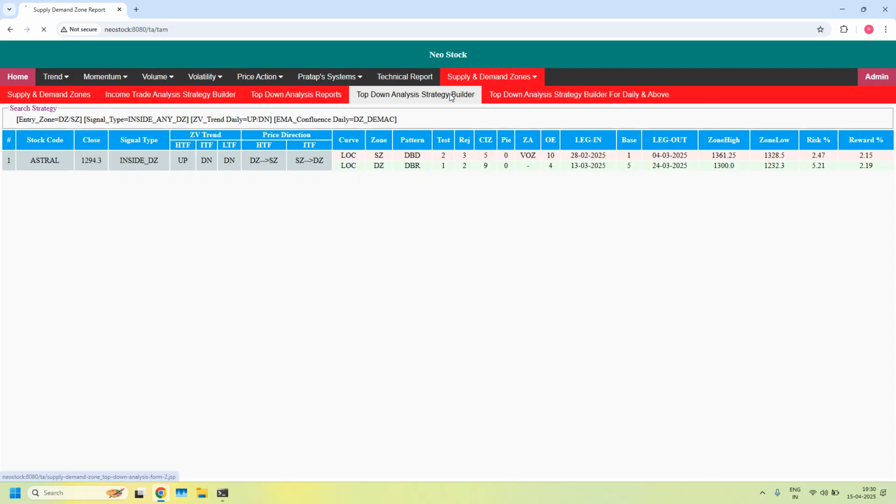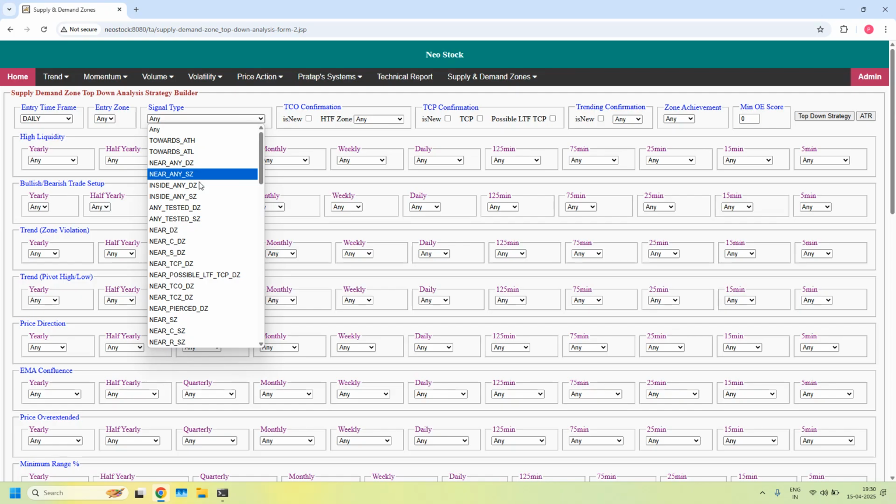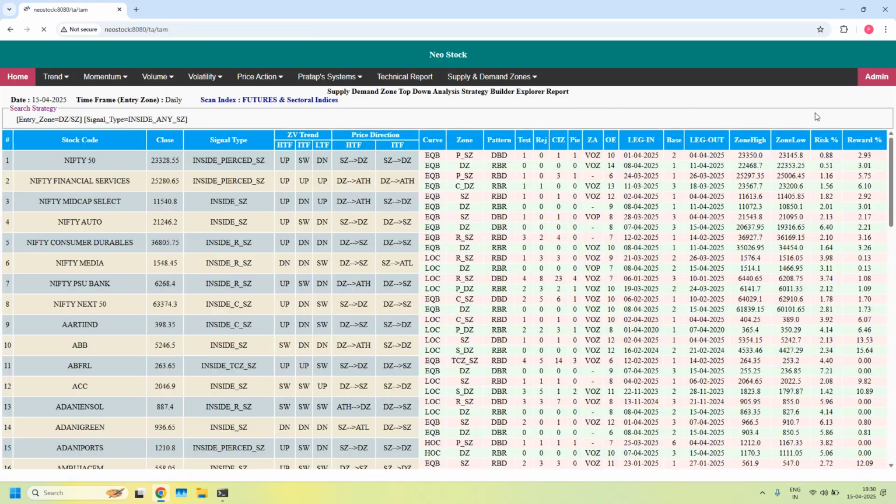Okay, next, daily time frame, price closed inside the daily supply zone. We got a big list, first 15 stocks in the list.